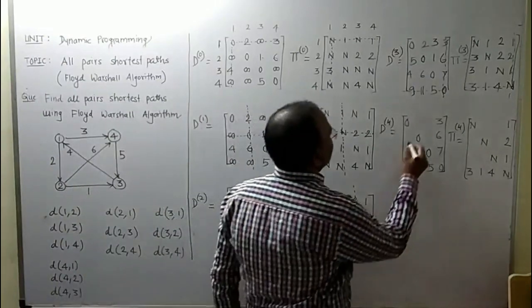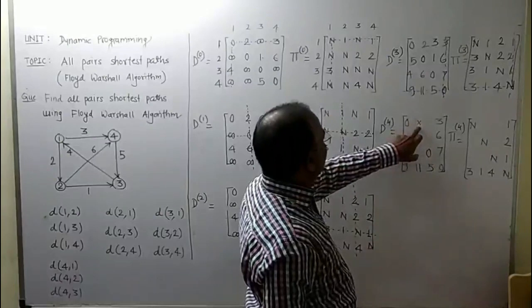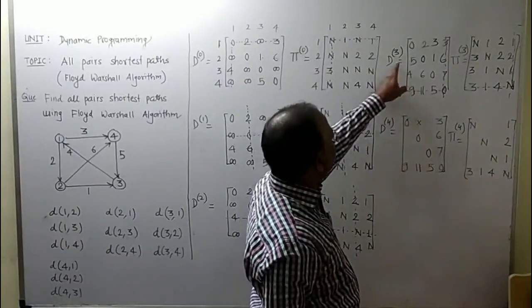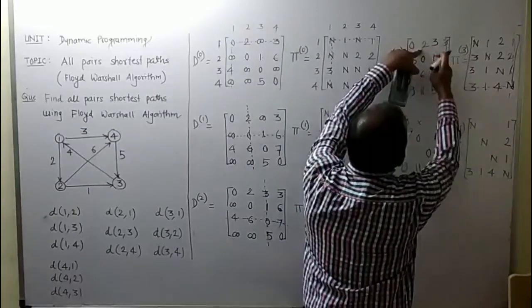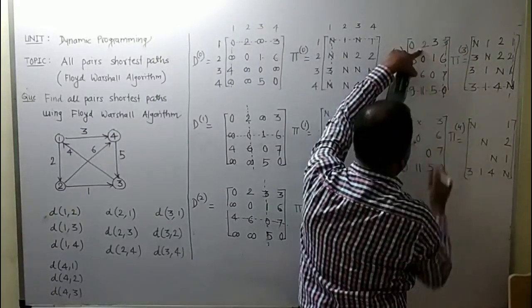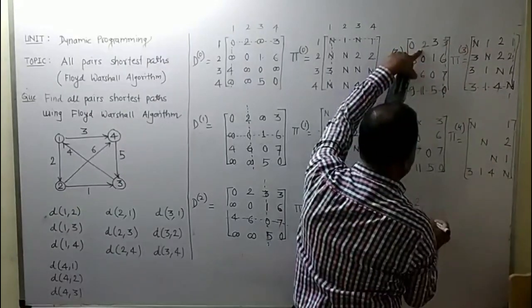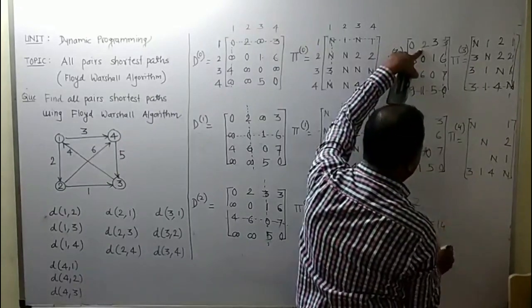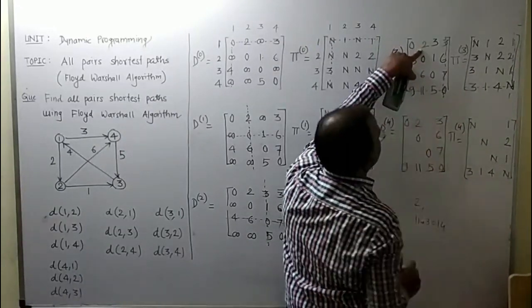Now this place, let us see which value will come here. Go to the same place in D3, you will get 2. Then travel vertically and horizontally. If you travel vertically, you will get 11. If you travel horizontally, you will get 3. So that is 14. Which one is the minimum? 2 is the minimum. Then there will not be change.